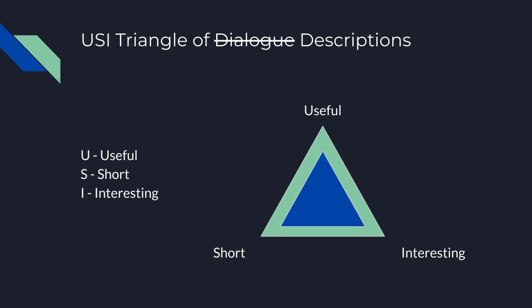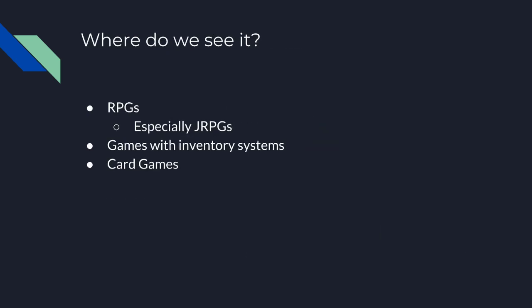So, where do we see it? Like most tools that we have at our disposal as writers, flavor text isn't super important in all genres. Some genres or some games, some situations might make better use of it.